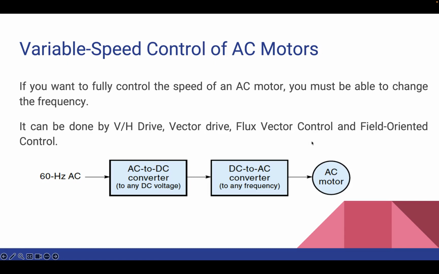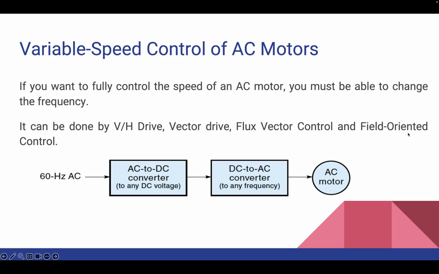And this flux vector control directly measures the motor flux, which enables accurate control of both speed and the torque. And finally, this field-oriented control, which is also known as vector control, individually controls the flux and the torque components of the motor current, offering precise control over the speed and the torque.